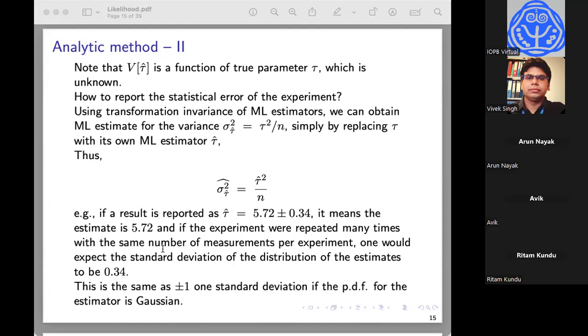Yeah, what you are saying is correct. The point is that when you calculate the ratio of the likelihood, from that you can define something.